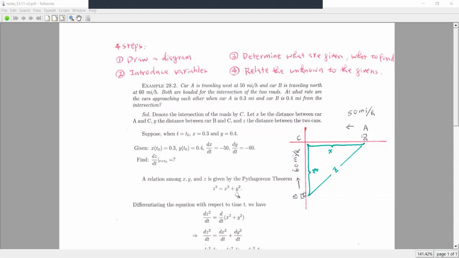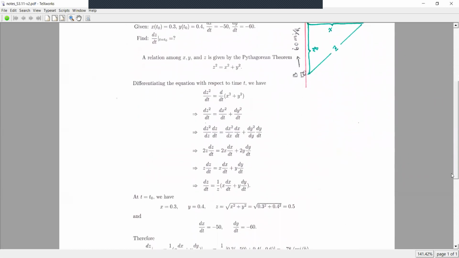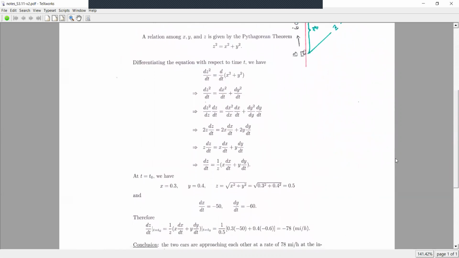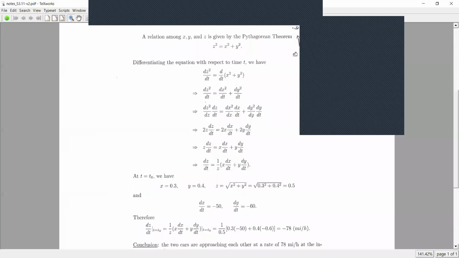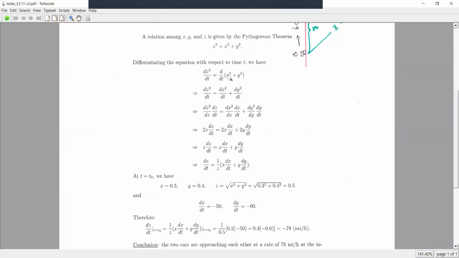That is this equation. Now, take the derivative with respect to the time t on this equation. Then I have this equation. Apply the summation rule to this derivative. Then I have this equation. Apply the chain rule to each of these three derivatives.